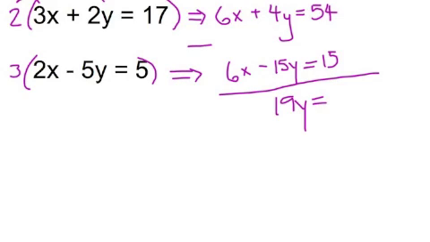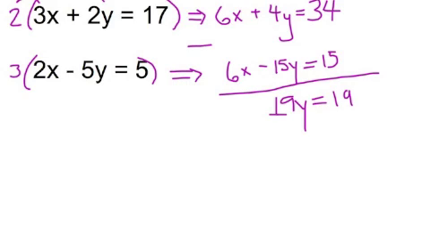Here's the mistake that I made. It's right here. 54 should not be there. 2 times 17 is not 54. 2 times 17 is actually 34. So let me fix that mistake really quickly. All right. So 34 take away 15, that would be 19.